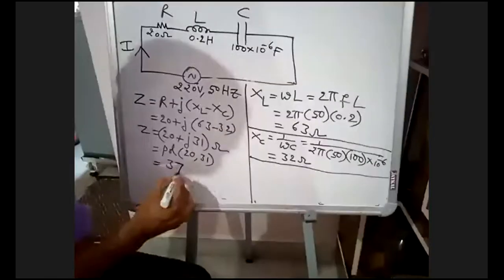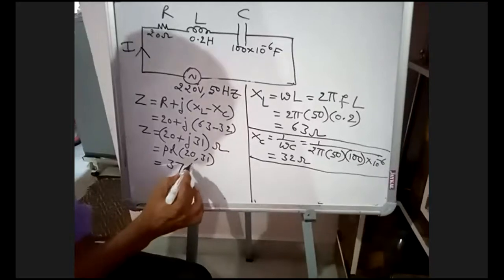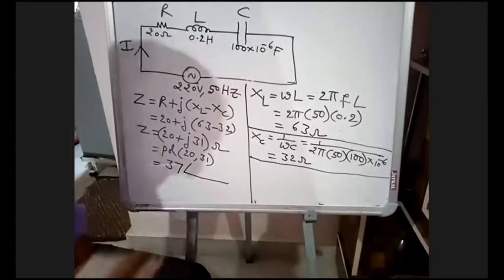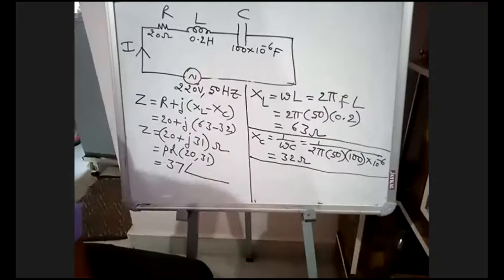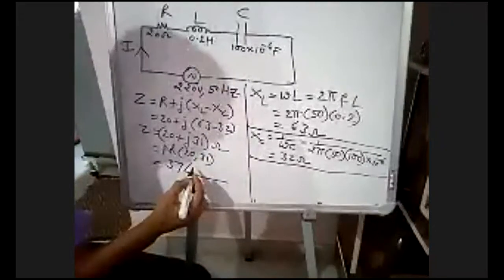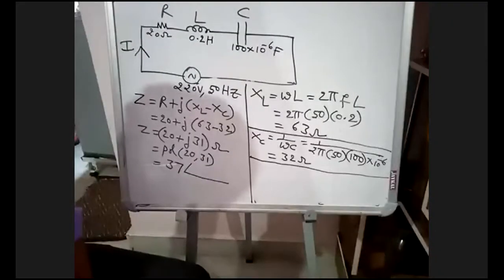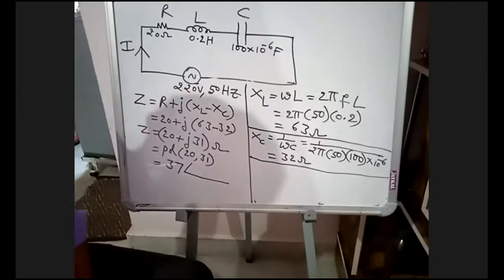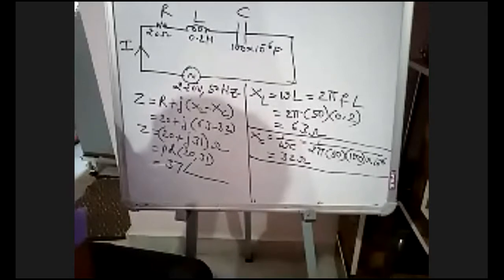Sir, magnitude is 36.89, approximately 37. In your textbook, they are giving it as 37. And angle? 57.17.